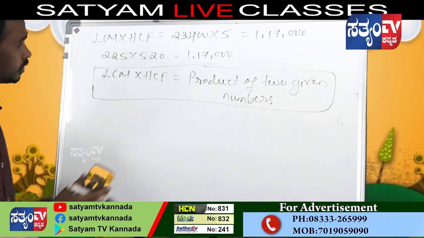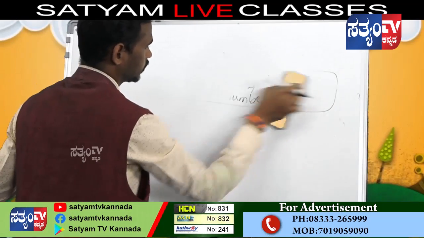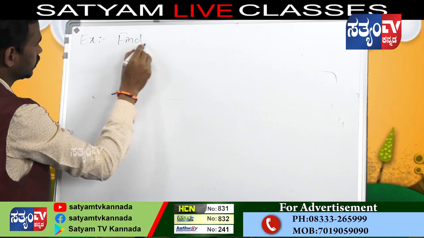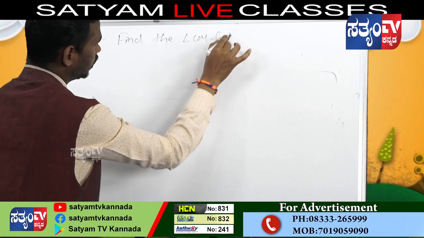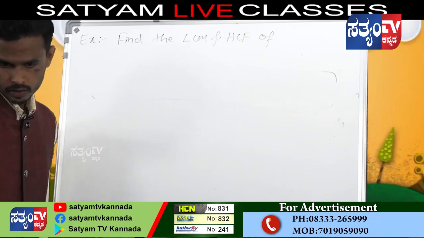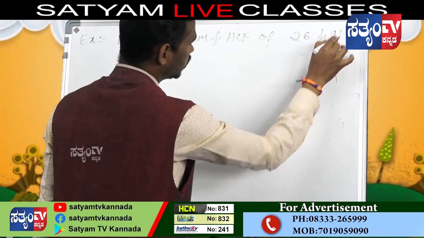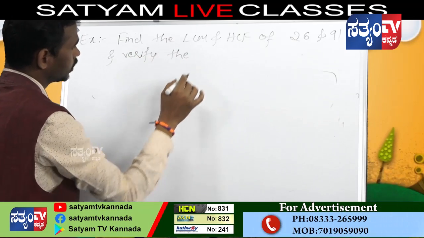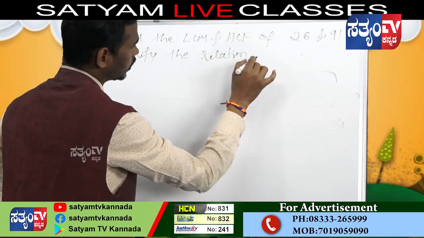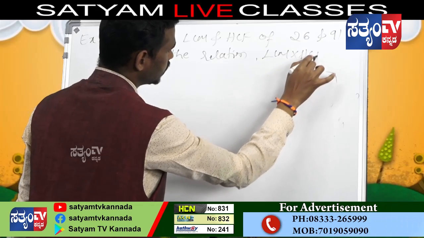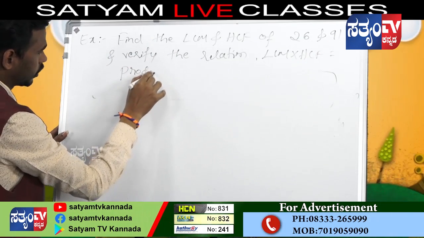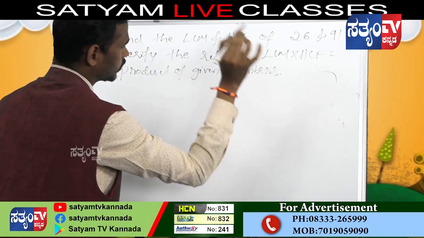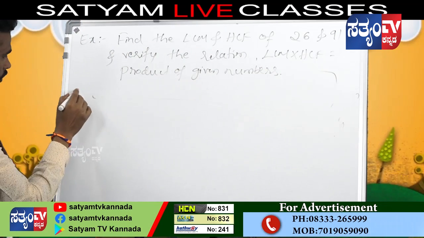In that, find the LCM and HCF of 26 and 91, and verify the relation, that is LCM into HCF is equal to product of given numbers. Okay students, so now solve this.